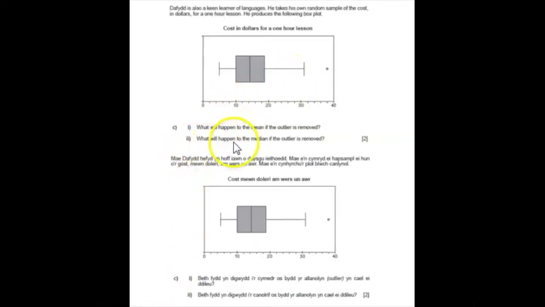Part 2. What will happen to the median if the outlier is removed? Let's just consider 5 pieces of data or 4 pieces of data where the median is 12. In those 5 pieces of data, the median is 12.